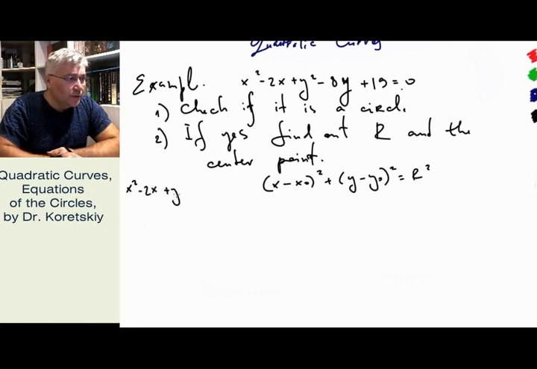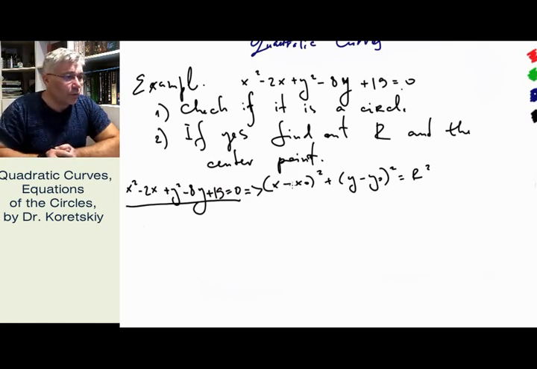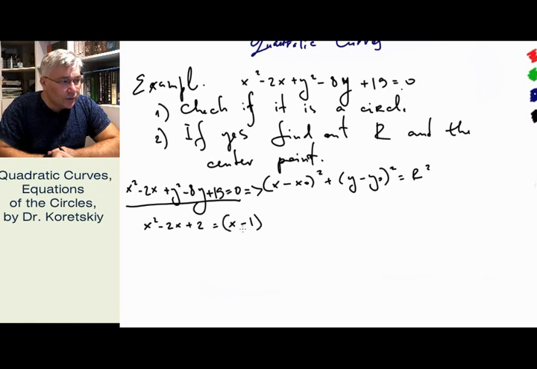If we succeed, we can say that it is a circle and find out the center point and the radius. We have to reduce this expression into this form. How can we do it? We have to allocate the full square of the polynomial. So you have here x squared minus 2x. X squared minus 2x, if you add 1, is exactly x minus 1 squared.